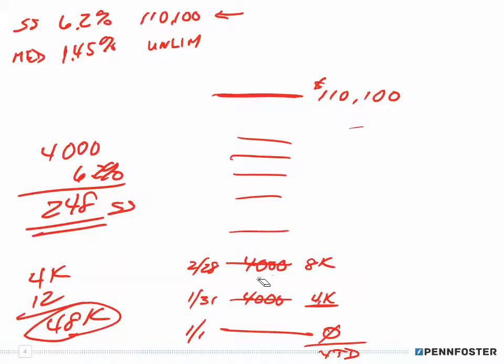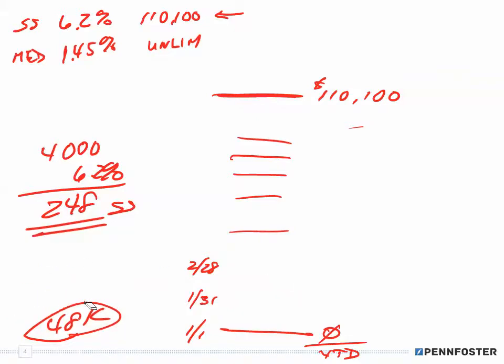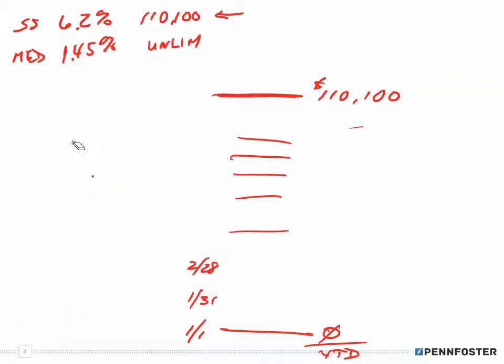But let's say that you're the owner of a company, or you are an executive or whatever have you, okay, and you get $10,000 per month as a salary. Okay.